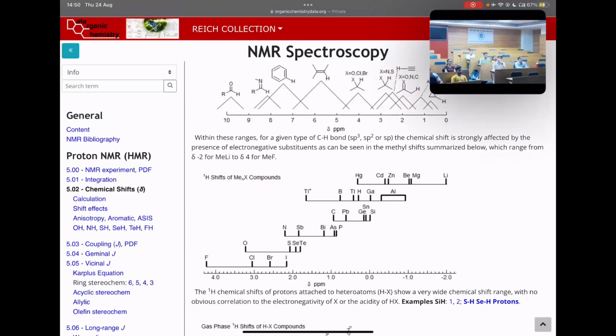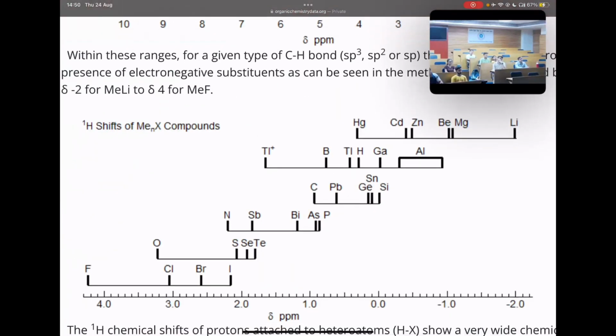This is an excellent example where different atoms are bonded to a methyl group. Where does a methyl group chemical shift come? As you're able to see, it can span from something like -2 ppm to +4 ppm, where -2 comes up for a directly bonded lithium to the methyl, Me minus maybe Li plus. In such a situation, you get something around -2 ppm.